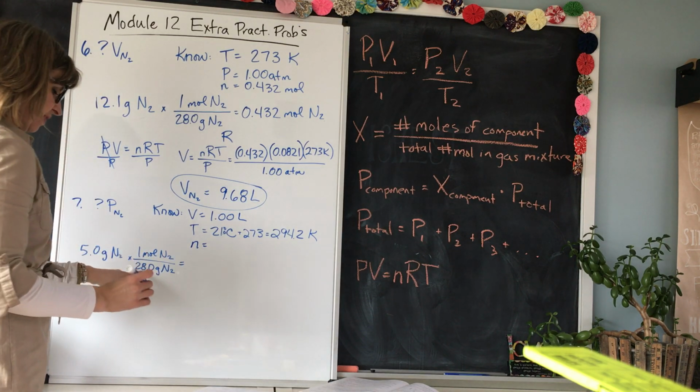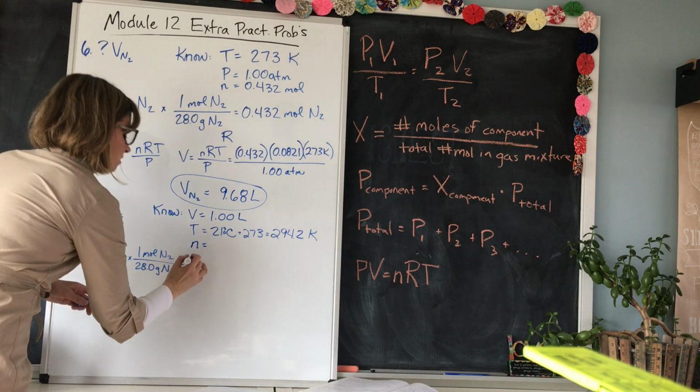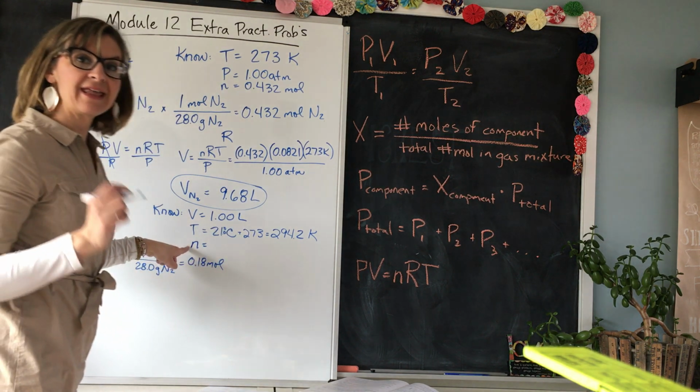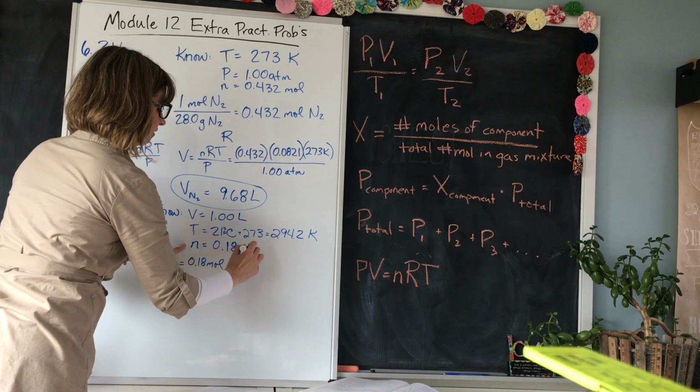So if you do 5 divided by 28, we get 0.18 moles. So that would be what n is equal to, the number of moles, 0.18 moles.